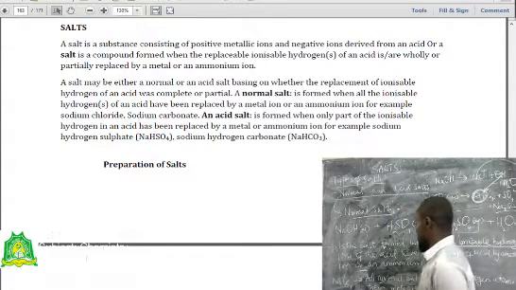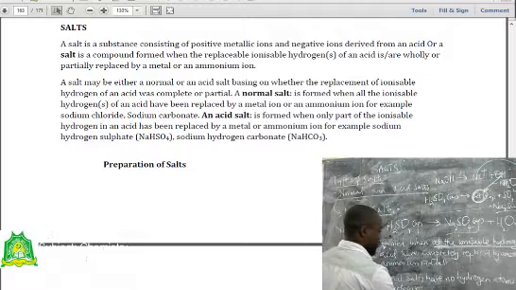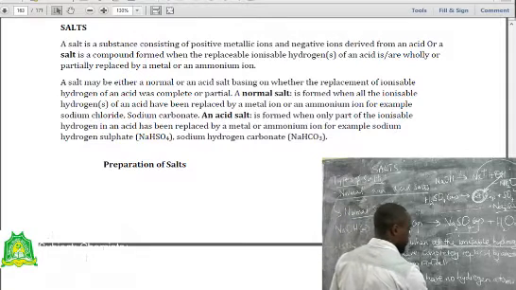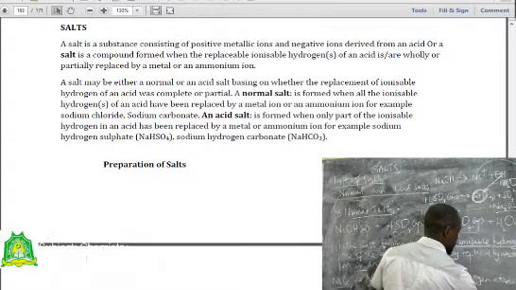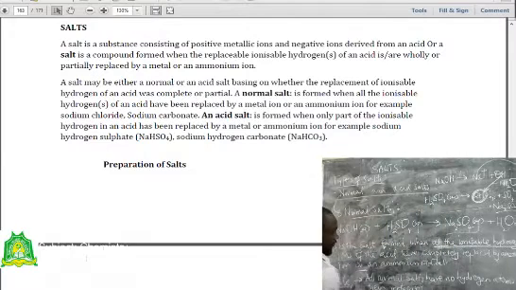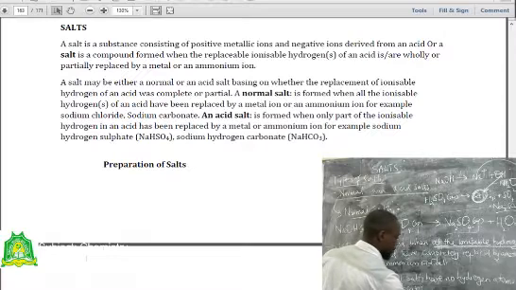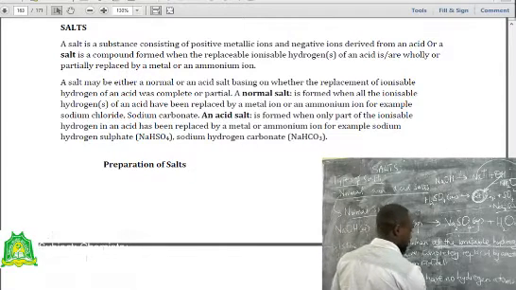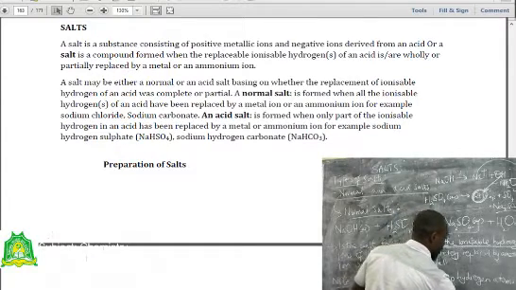For example, examples include sodium chloride, copper 2 sulfate, sodium sulfate, potassium nitrate.